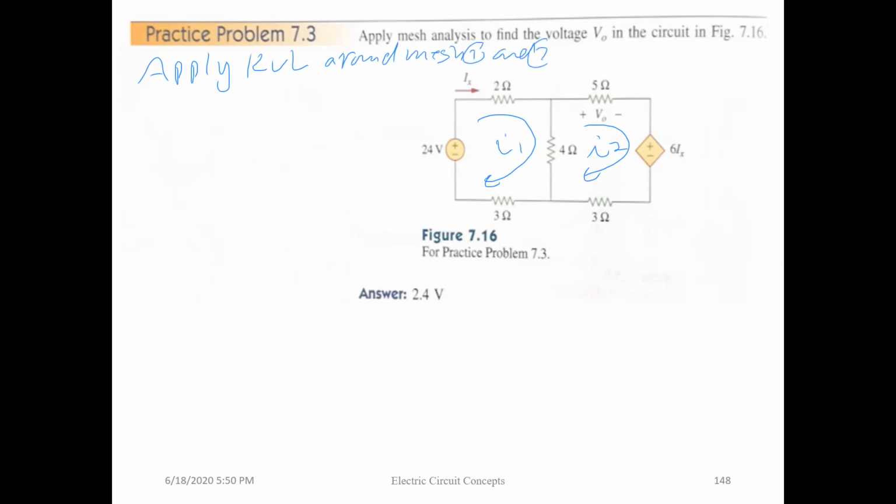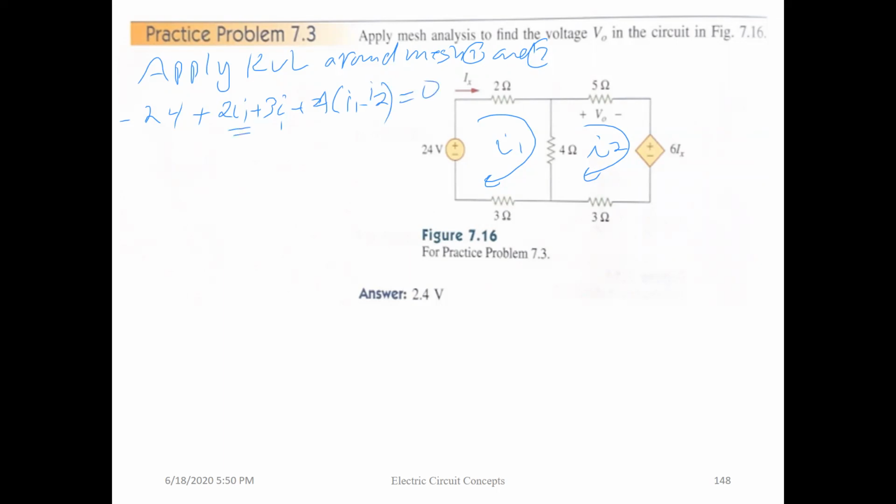So let's do the first one. It will be minus 24, then plus 2i1, and then plus 3i1, and then plus 4i1 minus i2 equals to 0. Okay.